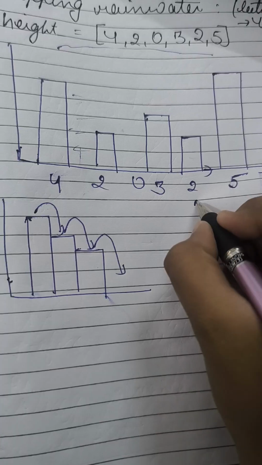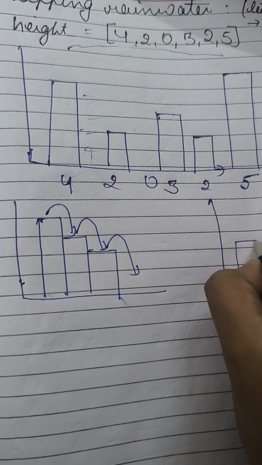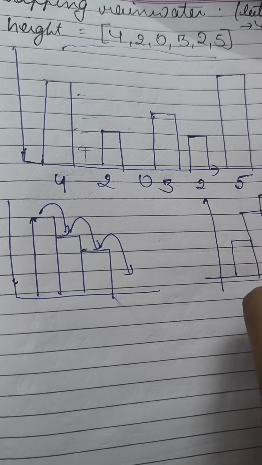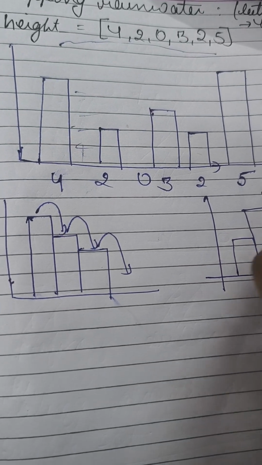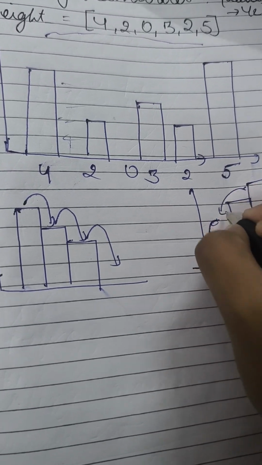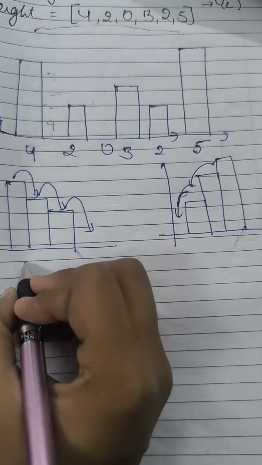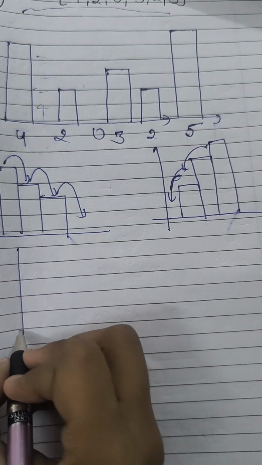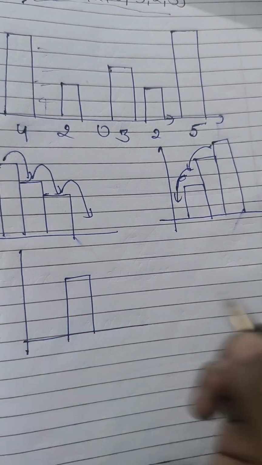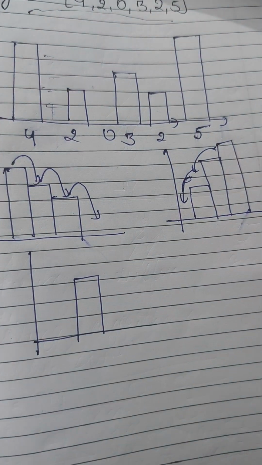And when the bars are in increasing order, is it ever possible that the water can be trapped? Never possible, because the trapped water will again fall. And is it ever possible for one bar to store rainwater? No, it's never possible. One bar can never store rainwater.